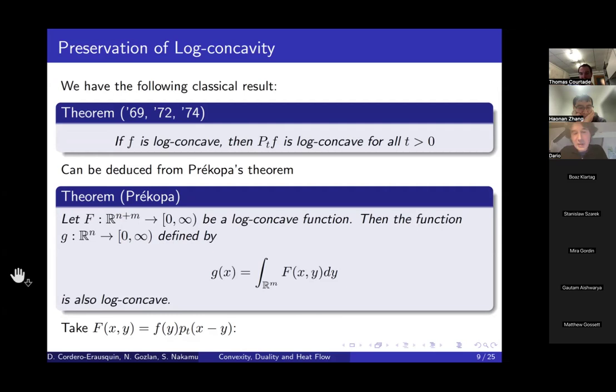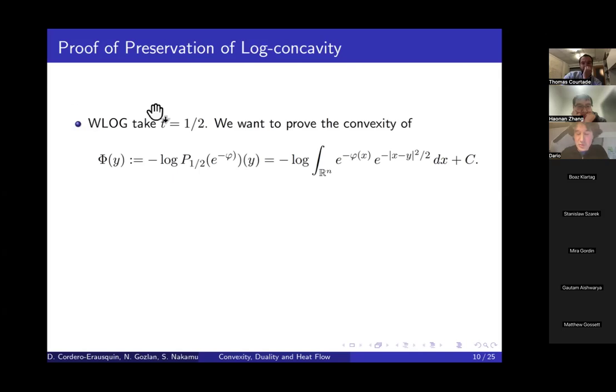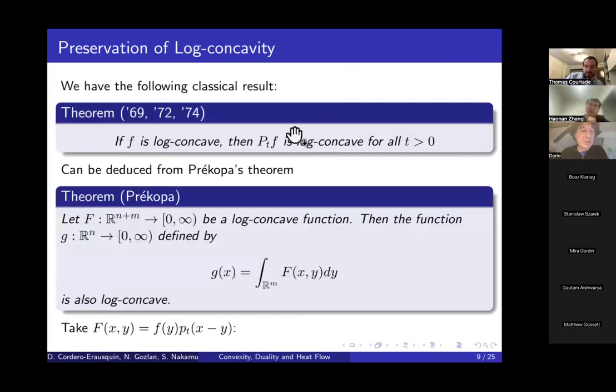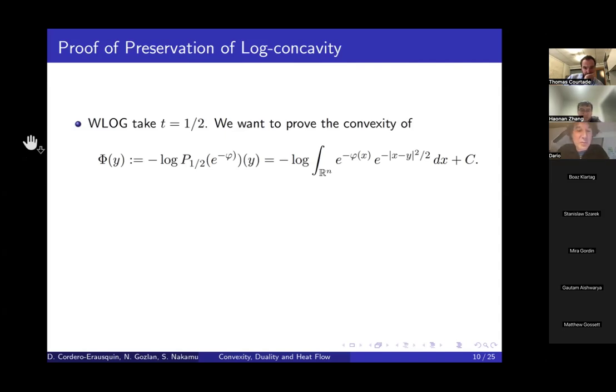But here today, I would like just to give a direct proof of this theorem, by checking directly that this function is log concave. Of course, I have to check it at all times, but without loss of generality, you have the semigroup property, so you can take t to be 1/2 if you want.